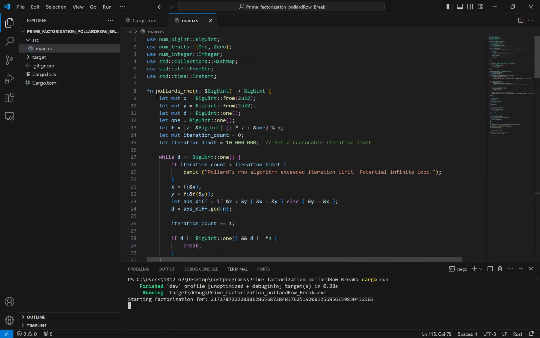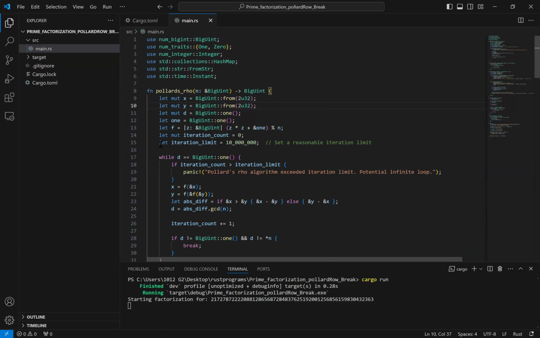You can see this is the definition, where the function Pollard's rho is defined. This is n for the number. These are still just the definitions of those libraries. You can see here I'm using u32; you can always change it, and again here you can always change it.